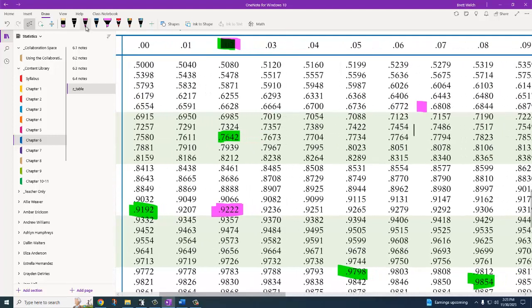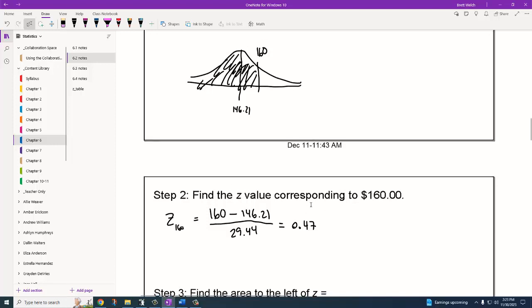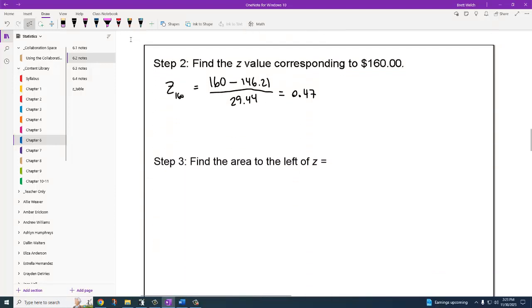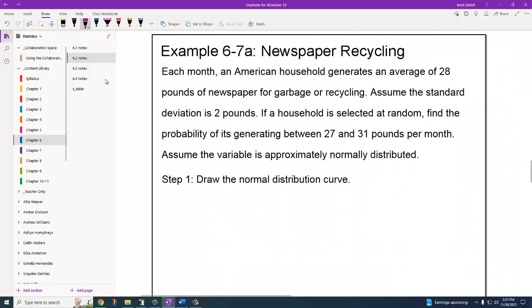There it is, 0.6808. Because I'm looking for the left-hand side, I can take that number and record it as my answer. Area to the left of z is 0.6808. Okay, or 68% of women are spending less than $160.